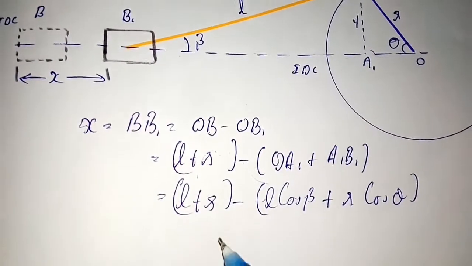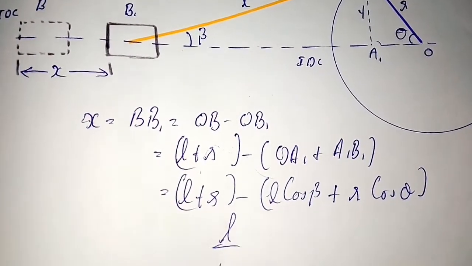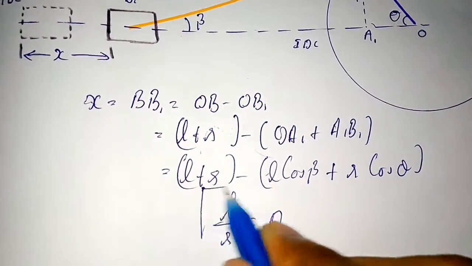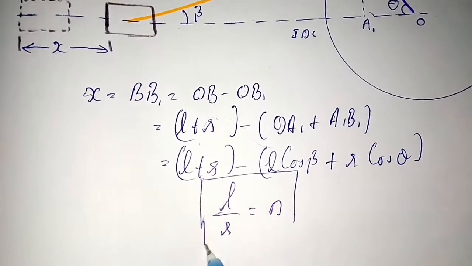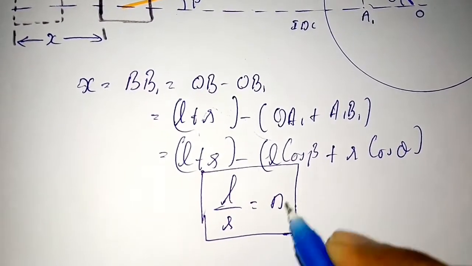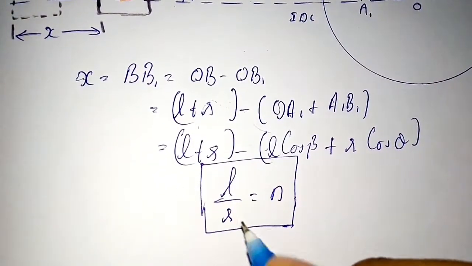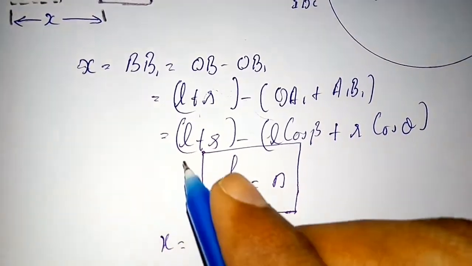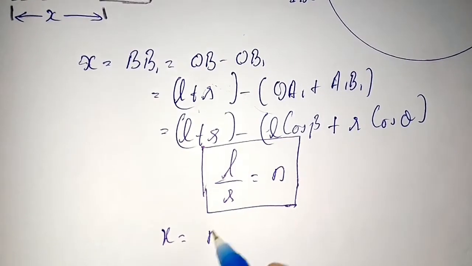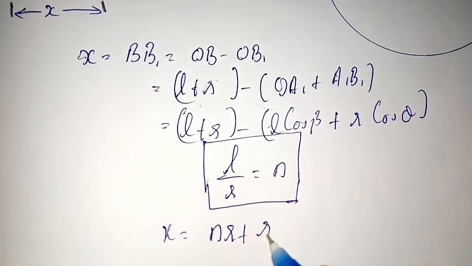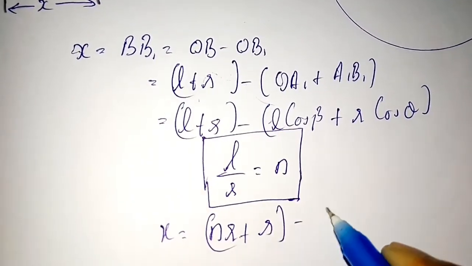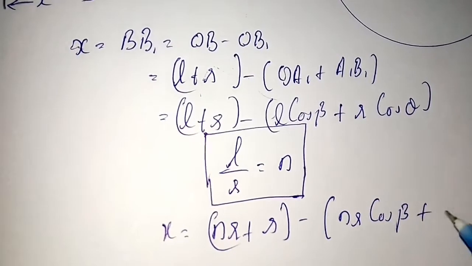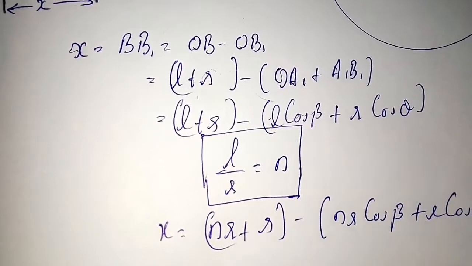We know the connecting rod ratio, L by R, is represented as N. So we can replace all these L terms with respect to R. So we can write x is equal to, L can be replaced with NR, NR plus R minus NR cos beta plus R cos theta.